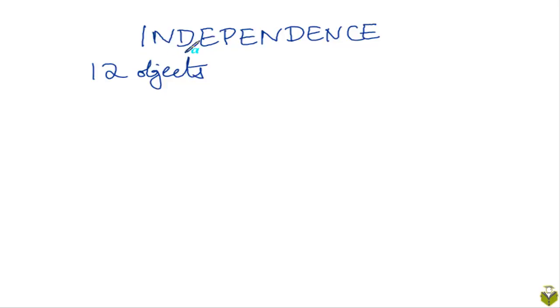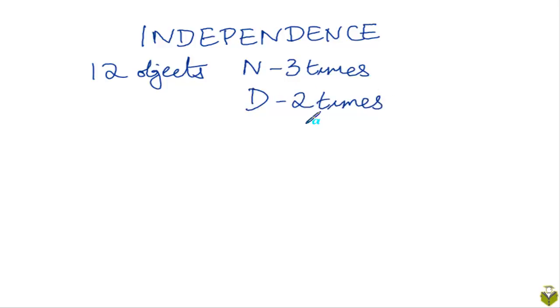Going from the first one, just look at the repetitions of alphabets, and you will find that N is repeated 3 times, D is repeated 2 times, and E is repeated 4 times.